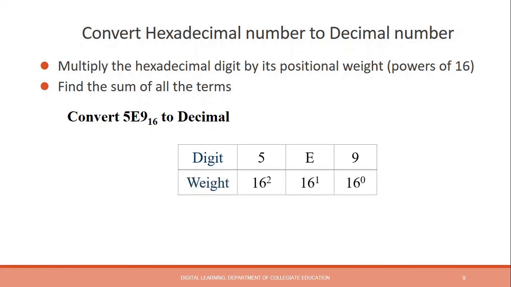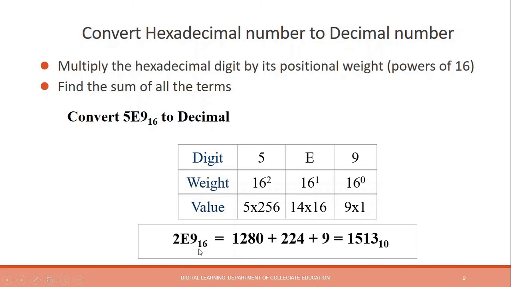Equivalent weights, positional weights are, 9 is having a positional weight of 16 raised to 0, which is 1. E is having a weight of 16 raised to 1, which is 16. 5 is having a weight of 16 square. For their equivalent values, 9 into 1, 14 into 16, 5 into 256.